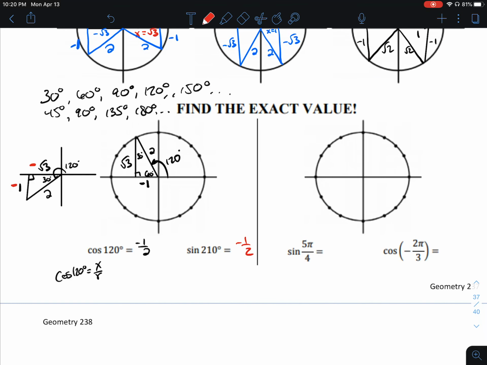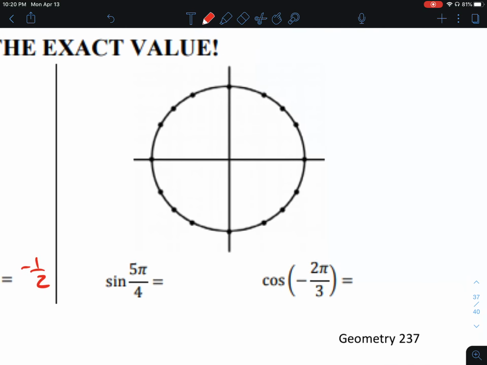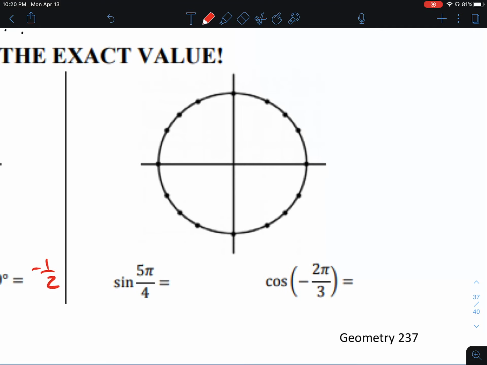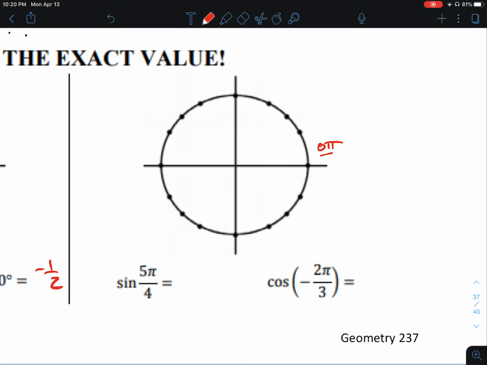Now let's crank this up a notch and check out radians. 5 pi over 4. So let me just mark my quadrantal angles here. If I count by pi over 4, I got 0 pi over 4. 1 pi is 4 pi over 4.